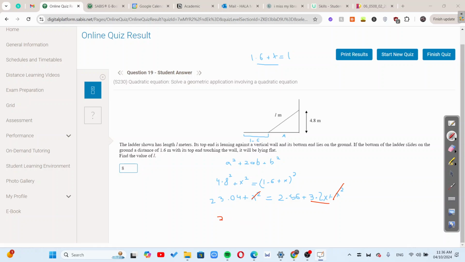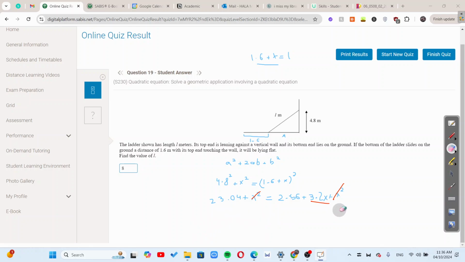So 3.2x equals 2.56 minus 23.04. Actually, wait. There's a better thing to do.